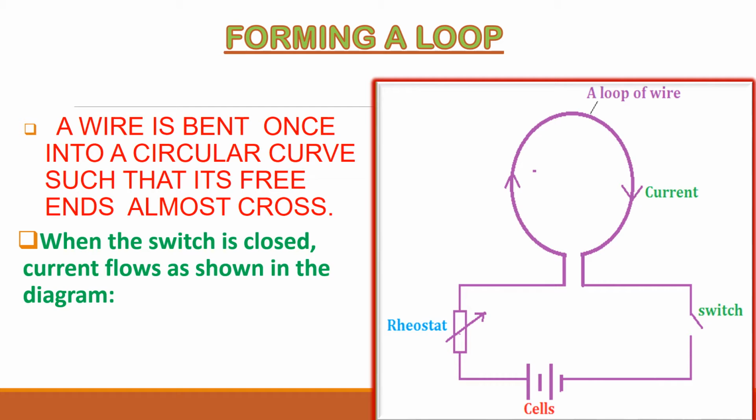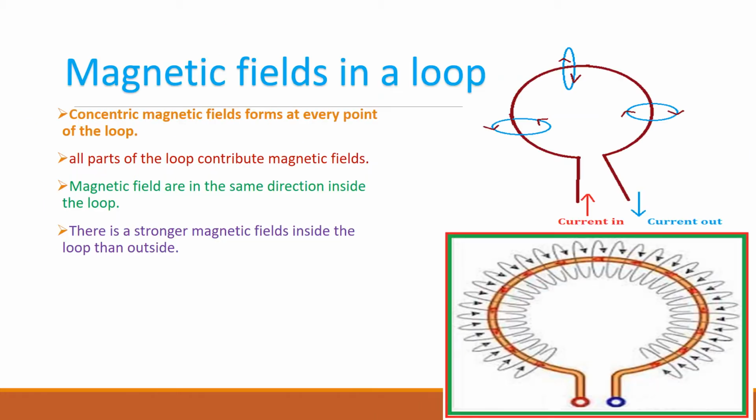So what type of magnetic fields are formed on a loop? Follow me to the next slide. Alright, the magnetic fields formed in a loop are concentric, just as we saw in a straight conductor. They are circular on the loop.